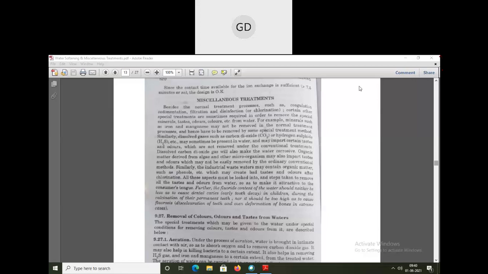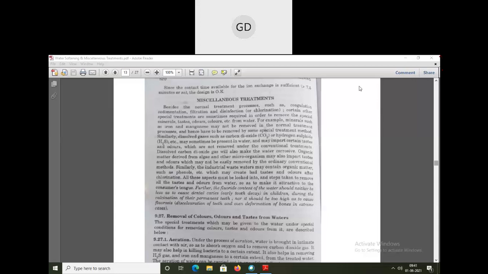Okay, so coming to this miscellaneous treatment. We have studied all the treatments that are required for treating raw water. We have done chlorination, we have done the coagulation part. Everything is done to remove all these unnatural things.